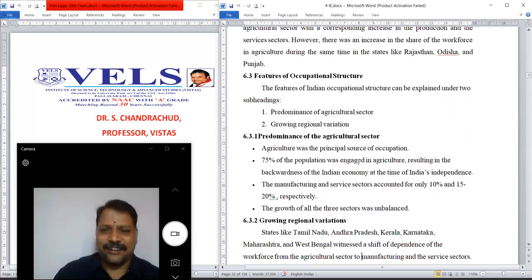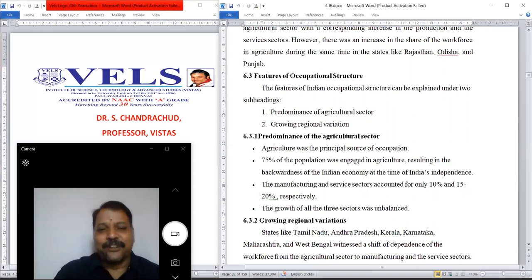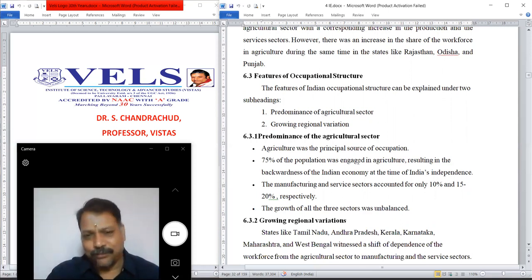Why is agriculture predominant? Because agriculture was the principal source of occupation as far as India is concerned. Nearly 75% of the population was engaged in agriculture, resulting in the backwardness of the Indian economy at the time of independence. Nearly three-fourths of the workforce was engaged in the agriculture sector.